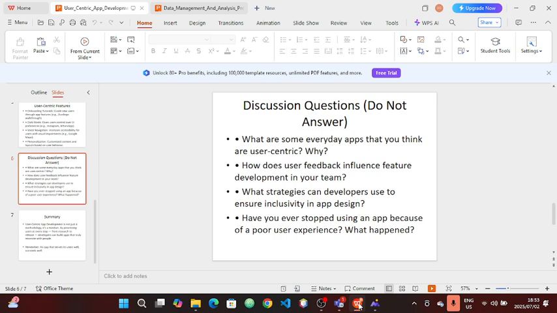So the third question, what strategies can developers use to ensure inclusiveness in an app design? What strategies can developers use to ensure inclusiveness in app design? Please start.